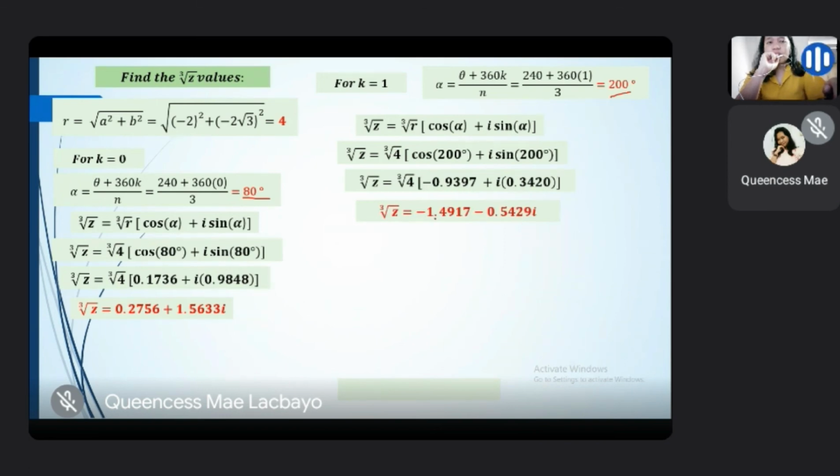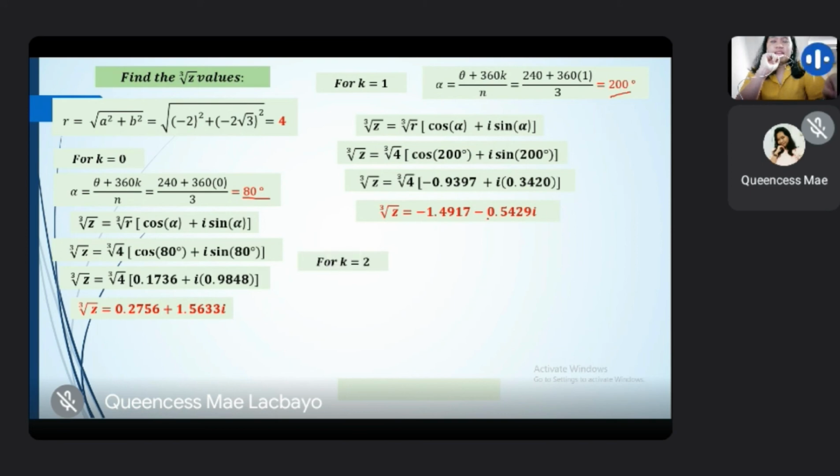And the cube root of 4 times the sine 200 gives negative 0.5429i. So the final answer for the cube root of z at k equals 1 is negative 1.4917 minus 0.5429i.